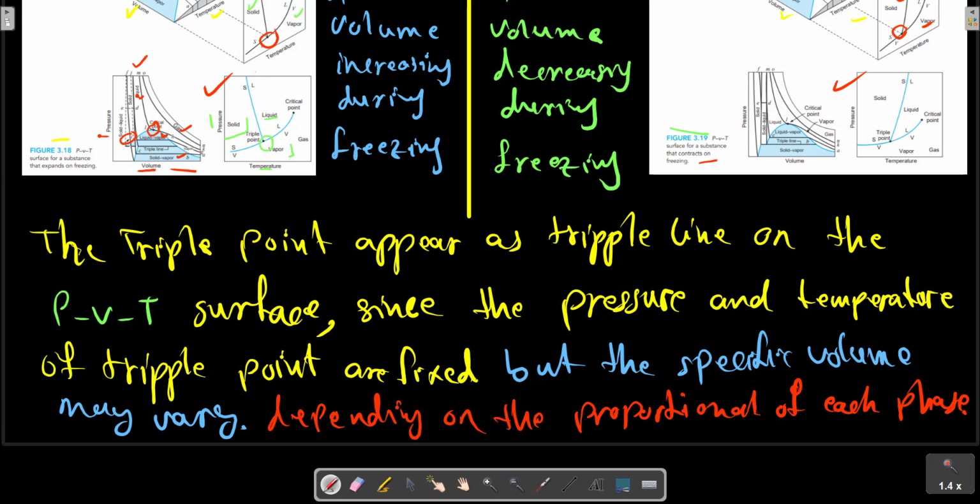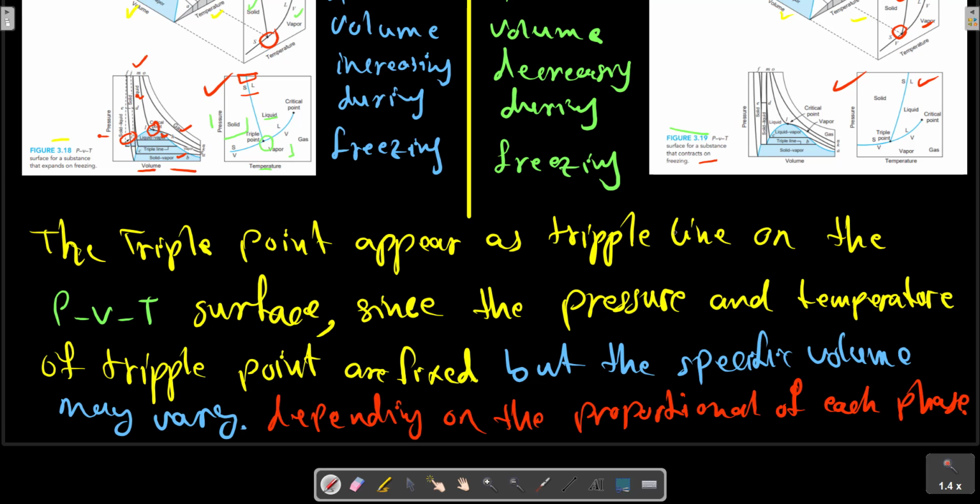The line that distinguishes solid and liquid is different from the substance that contracts on freezing. We have already considered the pressure-temperature diagram for a substance such as water. It is on this diagram that we observe the triple point.